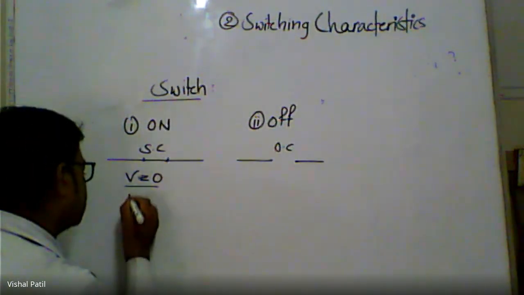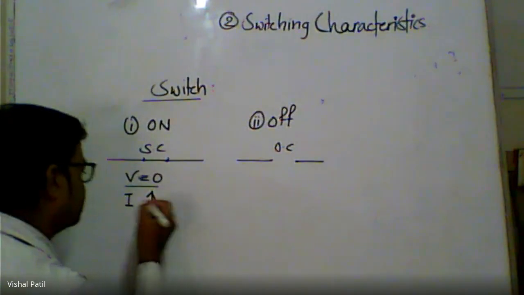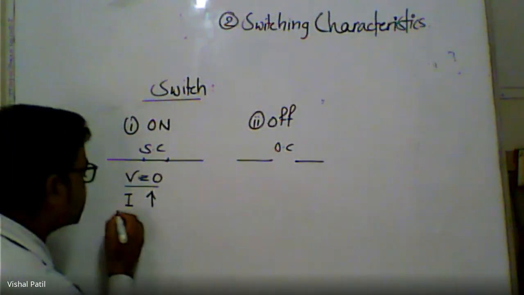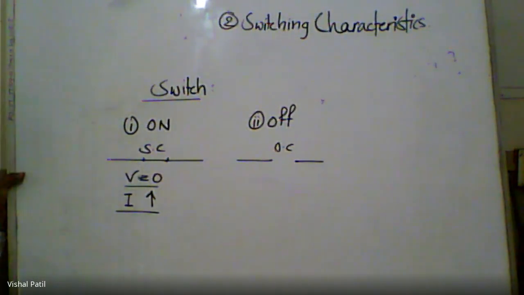But current is high. Or you may get considerable current through the switch when it is in the on state. That is, it is conducting and it carries the forward current. Yesterday I asked one of the students what we mean by forward current.